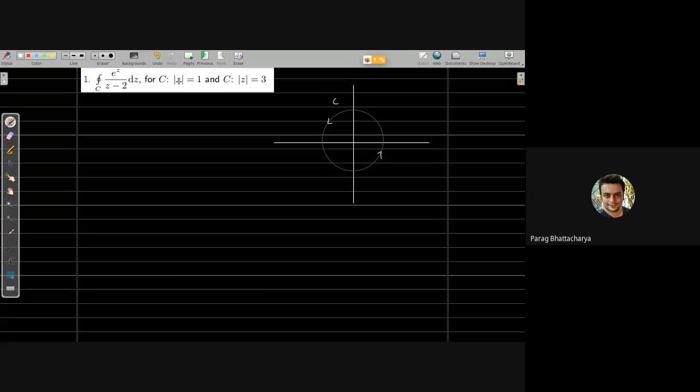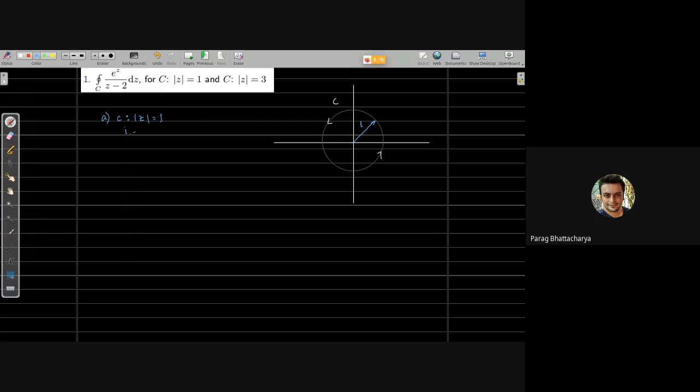One is when modulus z is 1. So the first case, let's say case A: C is such that modulus z is equal to 1. Modulus z is equal to 1 means it will be the circle whose radius is equal to 1, right?